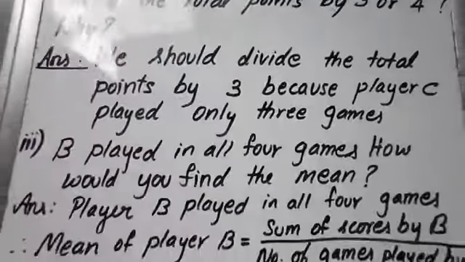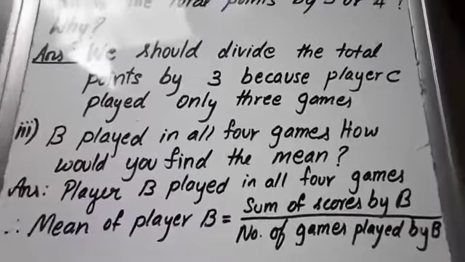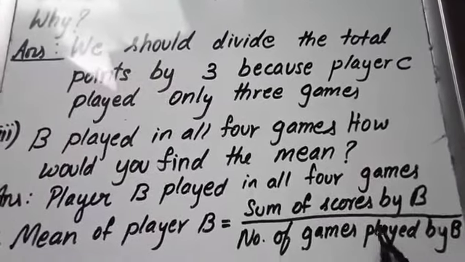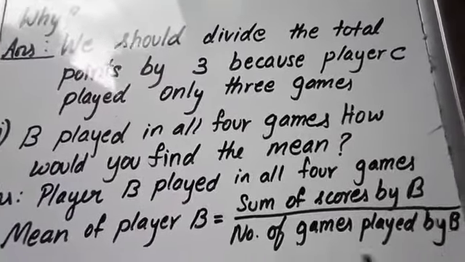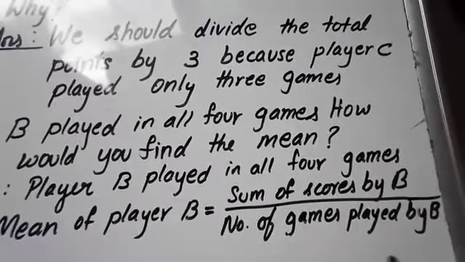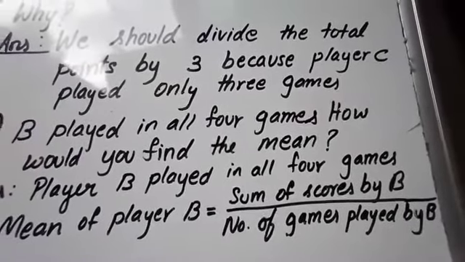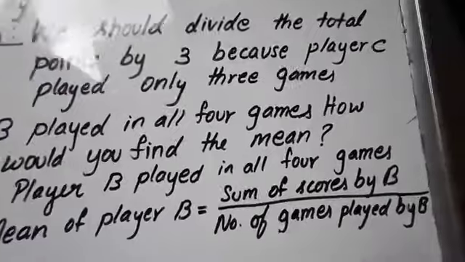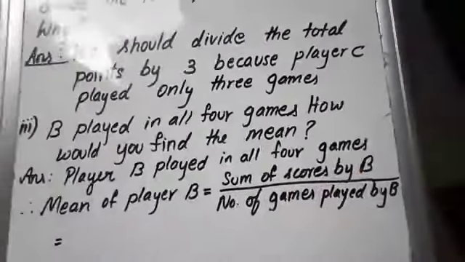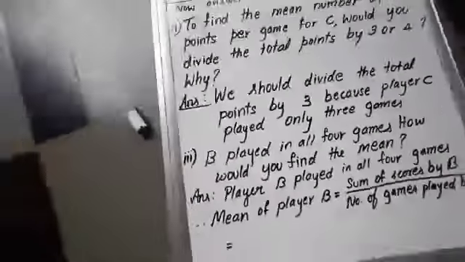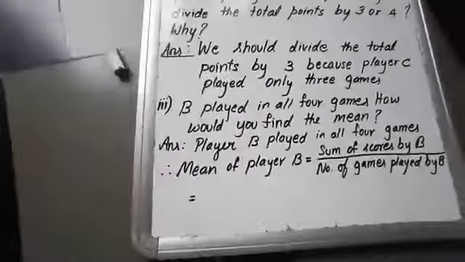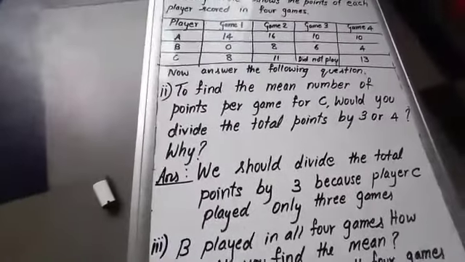The mean of player B is the sum of scores by B divided by the number of games played by B. So let us find the sum of scores by B. From the table, it is 0 plus 0 plus 8 plus 6 plus 4, the same as given in the question.